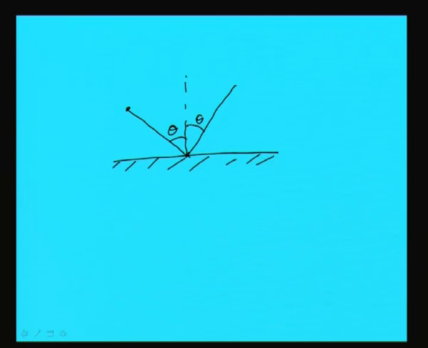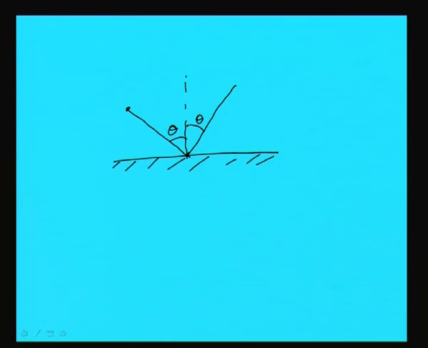Similarly, now I give one example of some oblique contact. Suppose there is a rigid floor. Now a ball is hitting here at an angle theta from the normal, and it gets reflected. Now if there is a perfectly elastic collision, then in that case it will get reflected at the same theta. Why?